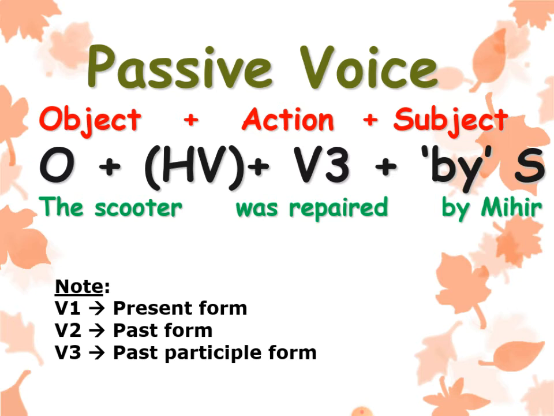So in the given sentence, the scooter was repaired by Mihir. The scooter is the object, it is placed before the verb, was repaired by, and the subject is placed after the verb. Please note, in the formula, V1 means the present form of the verb, V2 means the past form of the verb, V3 means the past participle form of the verb.